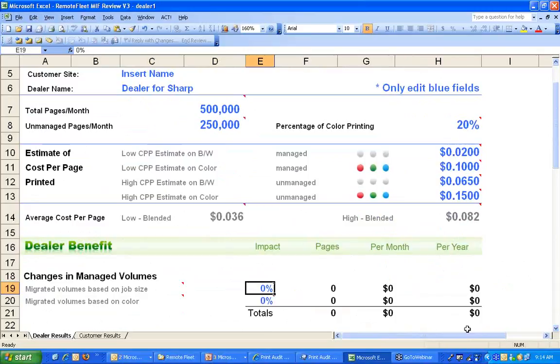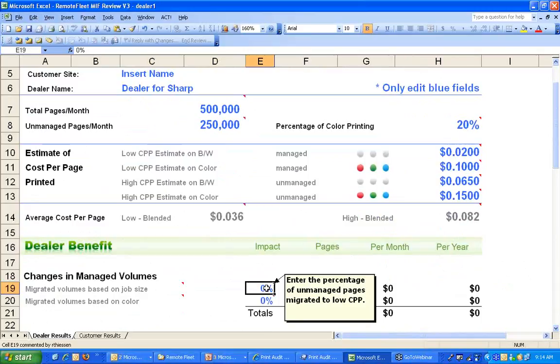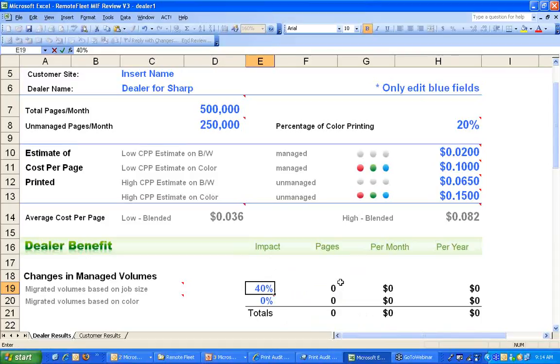That 5% of printing often accounts for more than 50% of the volume in the environment. So imagine if you were to have an impact on just those 5% of all print jobs that are over 25 pages. At that point, you might have an impact on roughly 40% of the page volume.